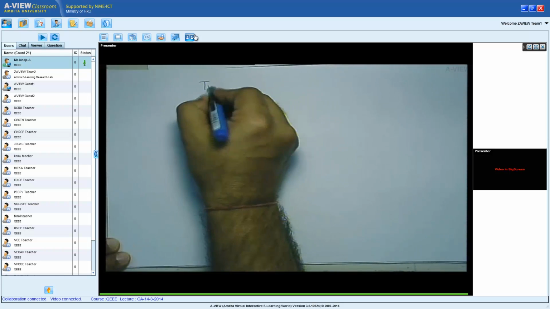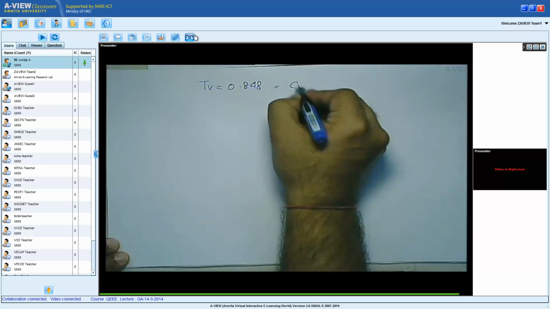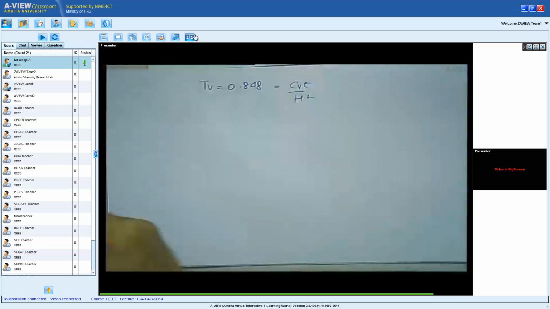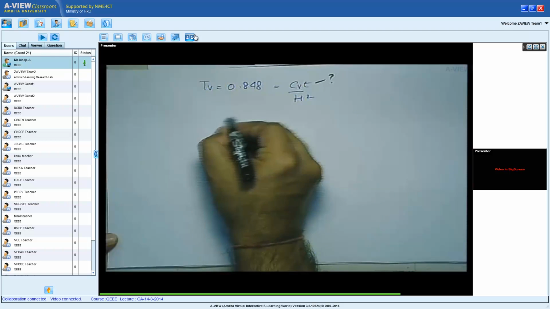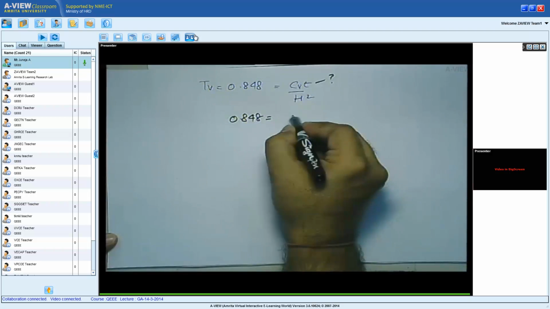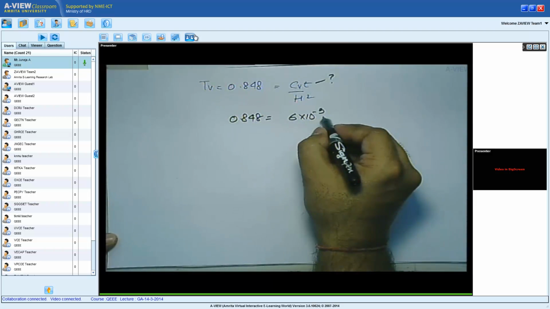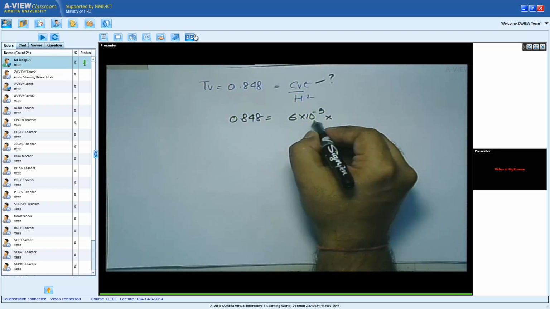So if TV equals 0.848, I know this equals CV T upon H square, and the question is what is the value of T? So I have to deduce 0.848 equals CV, which is 6 into 10 power minus 3 centimeters square per second.